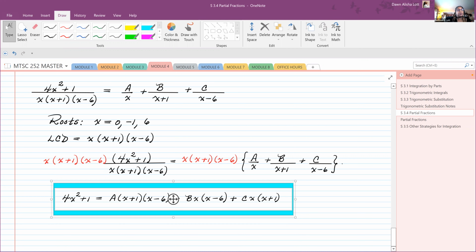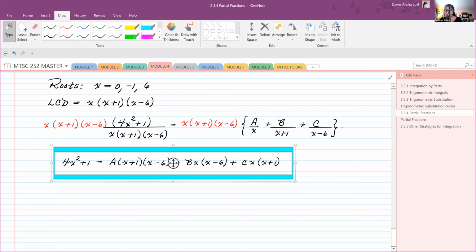All right, so our roots were 0, -1, and 6. So let's go. Let x equal 0. So put in x equals 0 and tell me which variable you solve for.